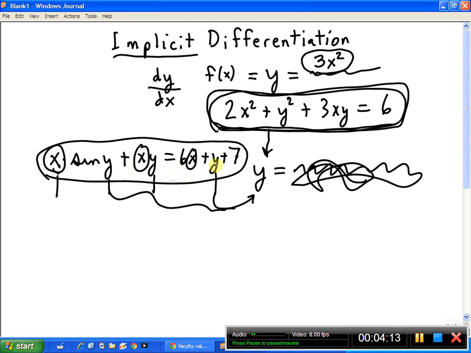So in this particular equation, you could tell that the point x equals 0, y equals negative 7 is on the graph of this thing, even though I have no idea what y is equal to in terms of x. I can't solve this equation. But I could figure out that (0, -7) works.